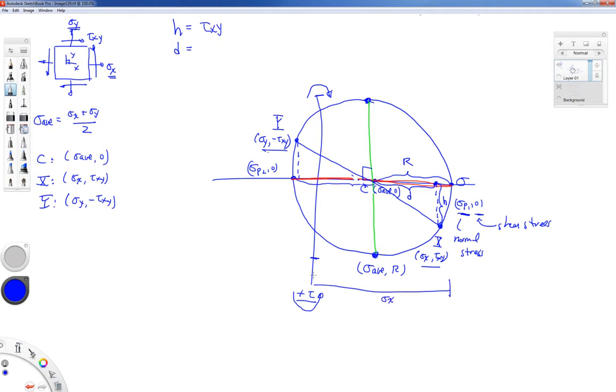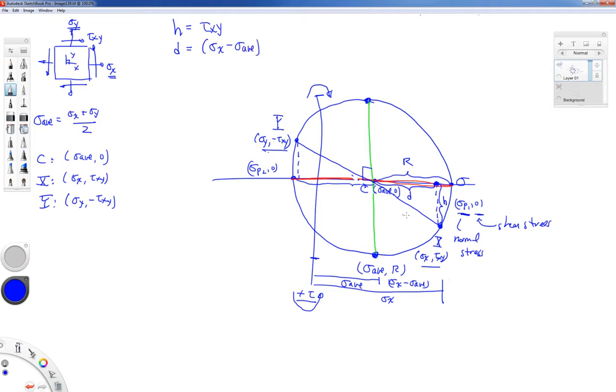And then we would take away the distance from our origin to the center of the circle, which is sigma average. So this distance right here is sigma x minus sigma average. Okay, it goes right to this point right there. Maybe I need to scoot it over just a little bit. So the distance d can be found as sigma x minus sigma average.